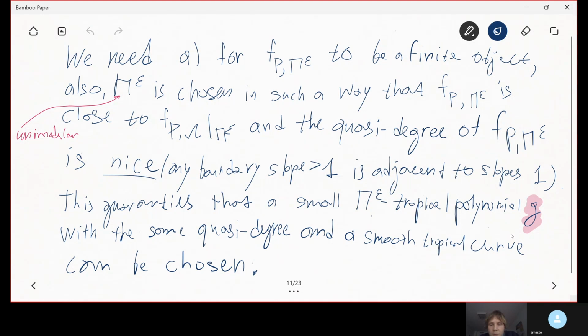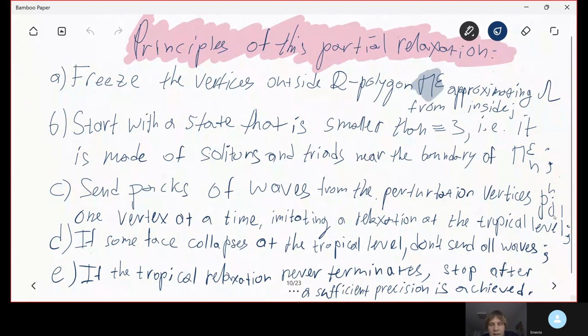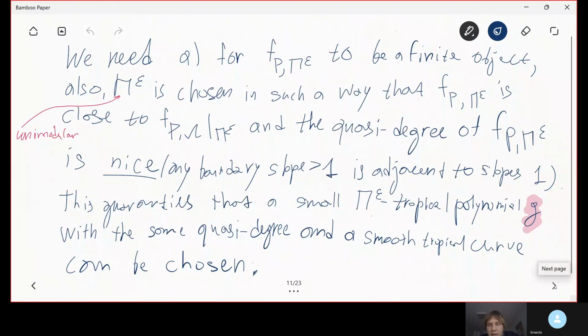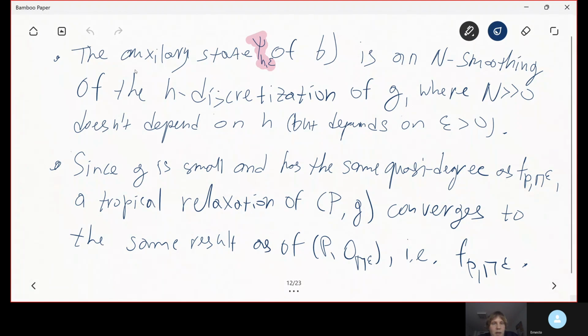And this is what we need for B. Remember, B was that we start with something made of solitons and triads, and this is where we need this nice assumption.